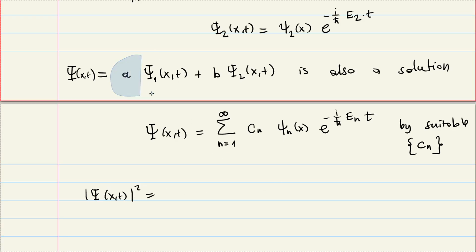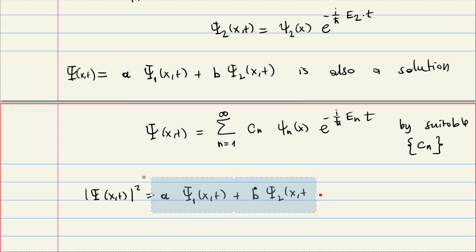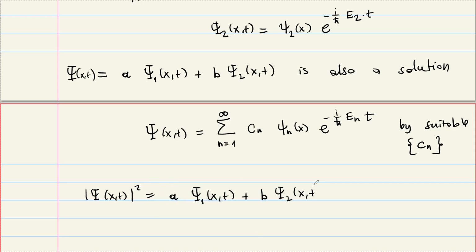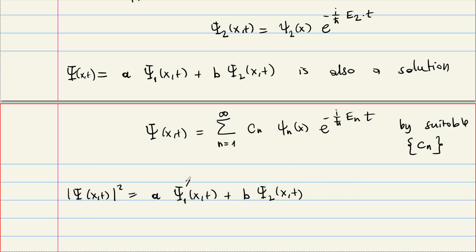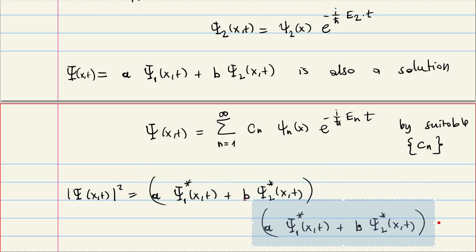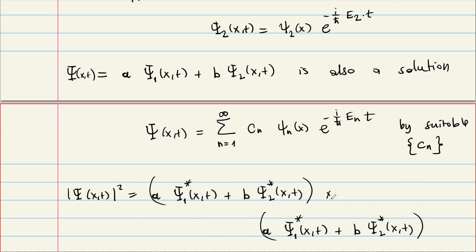To calculate that, I just need to take this and multiply it with its complex conjugate. For simplicity, let's assume A and B are real. We can also take them to be complex, but let's shorten the calculation a little bit.